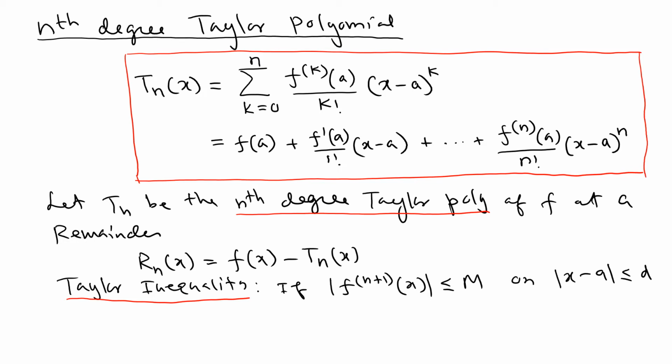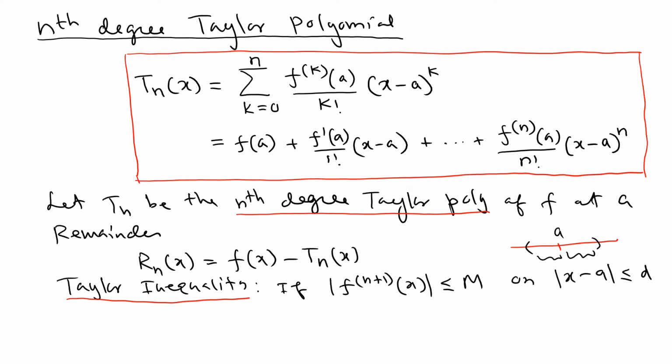So this is a, and we're going to go d away from that. That's the distance we consider. So now on that interval, the n plus first derivative is bounded by a number M. If this is the case, then what's going to happen?